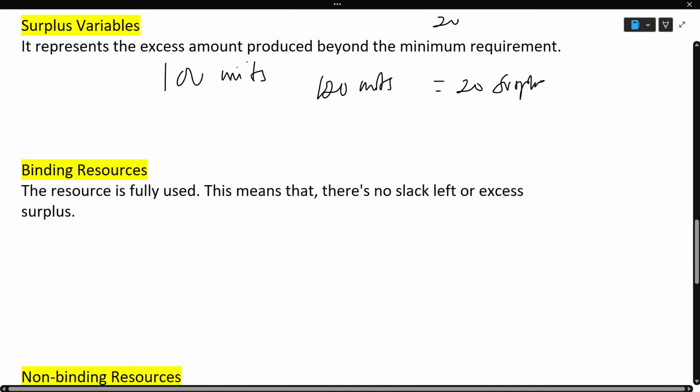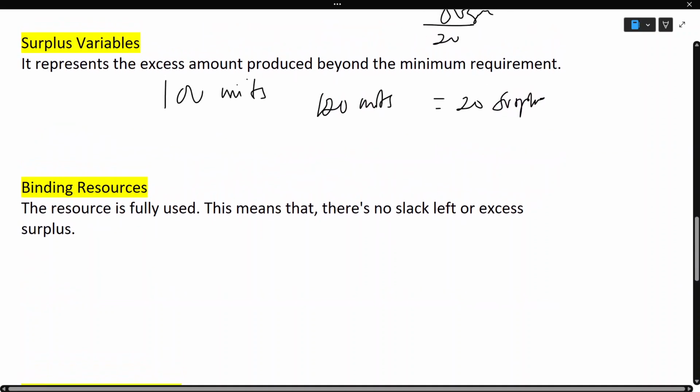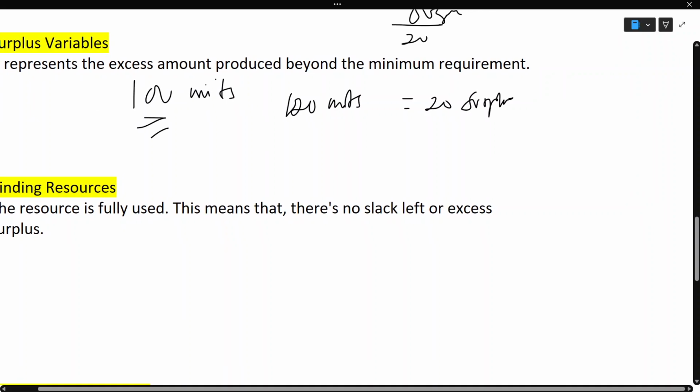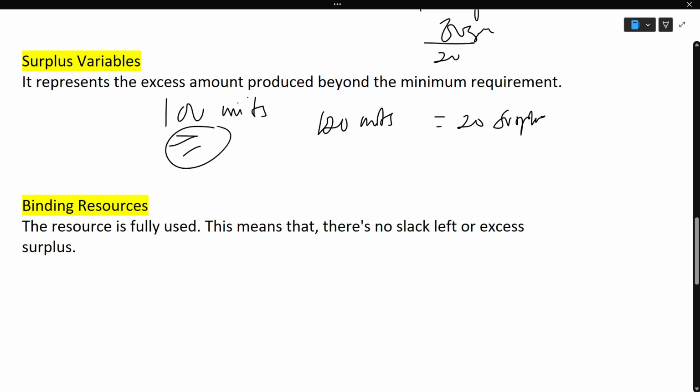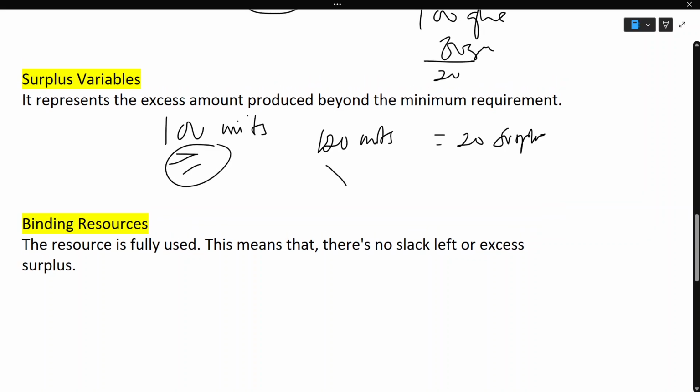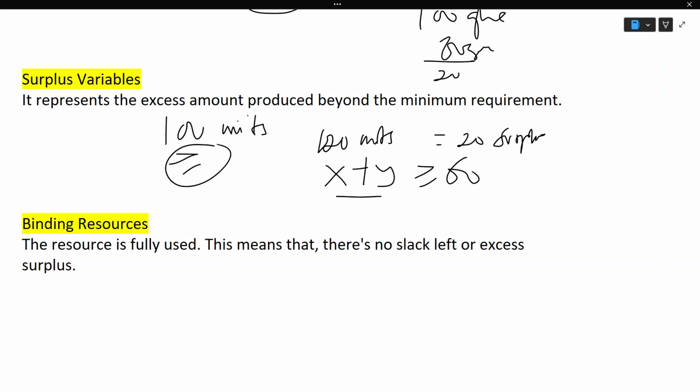Also, the surplus variable applies if the constraint is a greater than or equal to constraint. For example, you have x plus y greater than or equal to 6, meaning that the left hand side is greater than the right side.